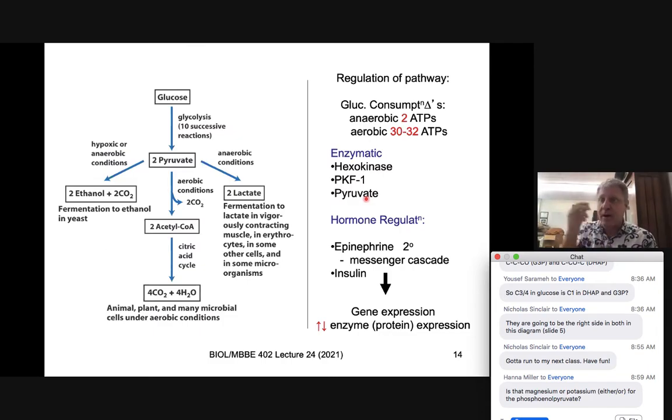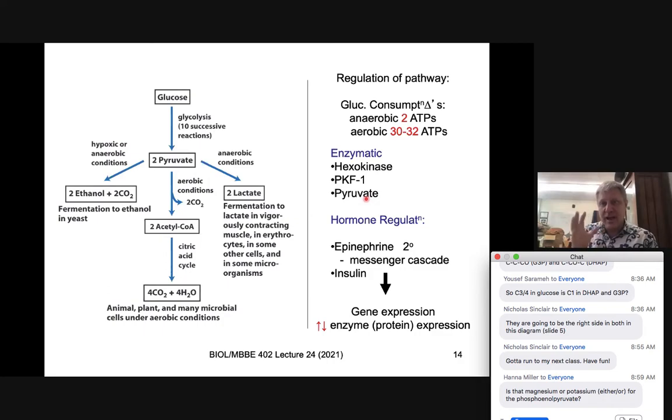And we can do that by steroidal hormones as well as these secondary messenger systems, as we are now familiar with the cascades of the protein kinase A, the inositol 3-phosphate system, as well as the regulation of GLUT1 and GLUT2 transporters.